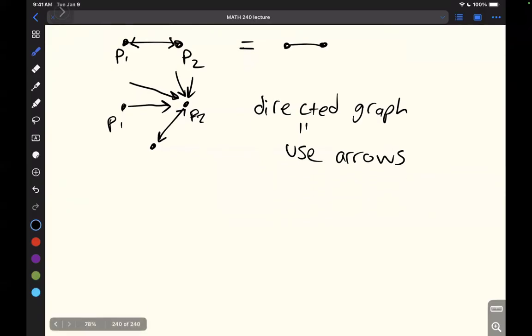So to do this for trees, we apply this and we say that a directed tree, let's read the book definition. A directed tree is a digraph, directed graph, that contains a vertex V naught called the root of the tree, for which there exists a unique path from V naught to every other vertex.